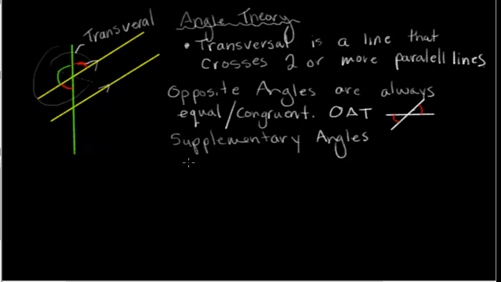They share this one common line, this yellow line. They share an arm or a leg of the intersection, and they also share the vertex. So supplementary angles share an arm and a vertex.